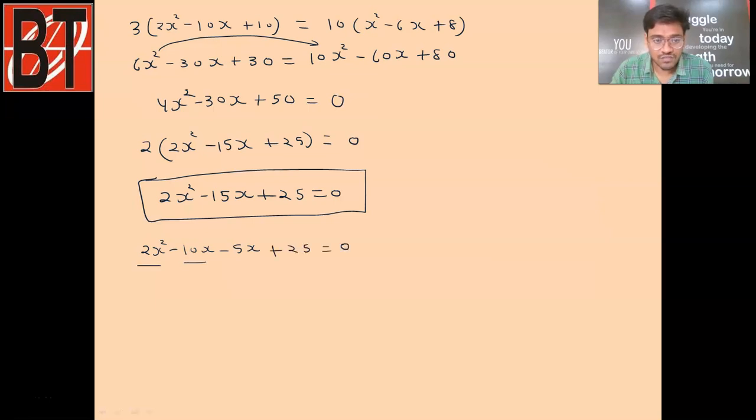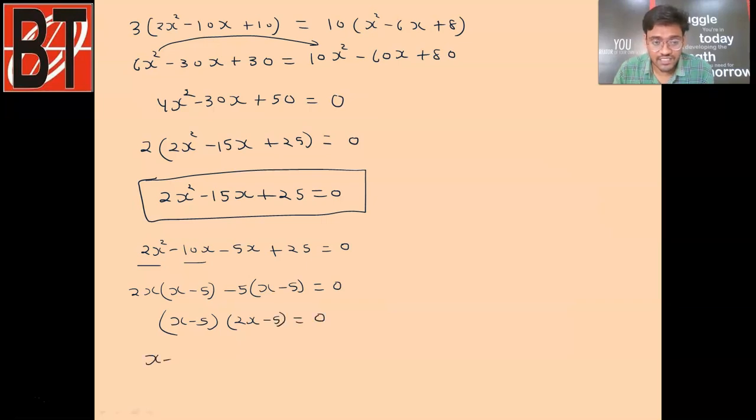Now let's take common. So 2x is common, so inside the bracket we will have x - 5. Here -5 is common, so again inside the bracket we will have x - 5. Okay, the sign has been changed, so x - 5 is completely common, and in the next bracket I will have 2x - 5 = 0.